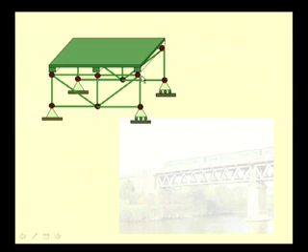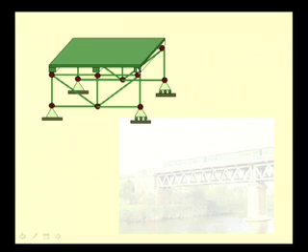Here you see one plain truss in the front and another plain truss at the rear. Plain trusses are trusses whose elements lie in a single plane and their loading is also in the same plane. So, the problem can be analyzed as a two-dimensional problem.